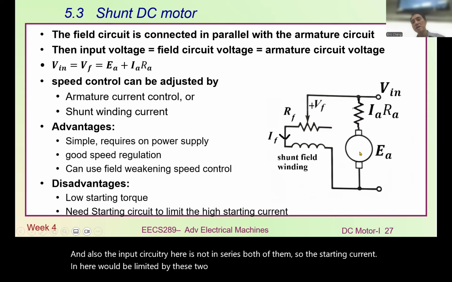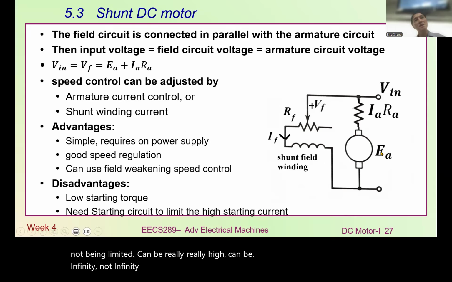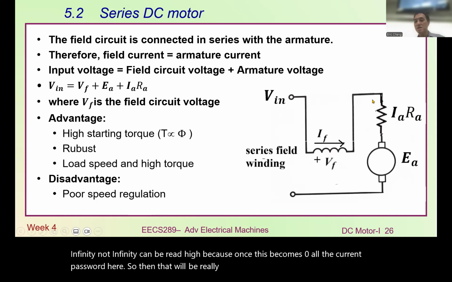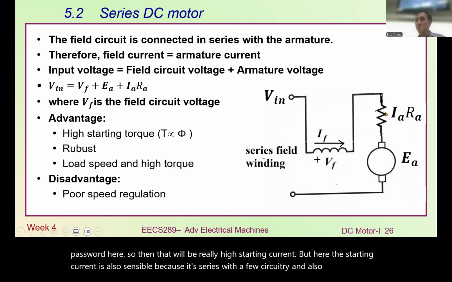But here the starting current is not being limited, it can be really, really high, not infinity, but really high, because once this becomes zero, all the current passes through here. So that will be a really high starting current. But here the starting current is sensible because it's in series with the field circuitry and also the armature resistance.